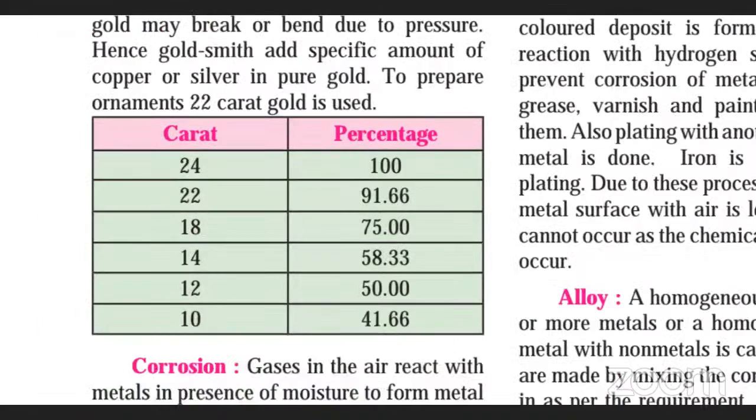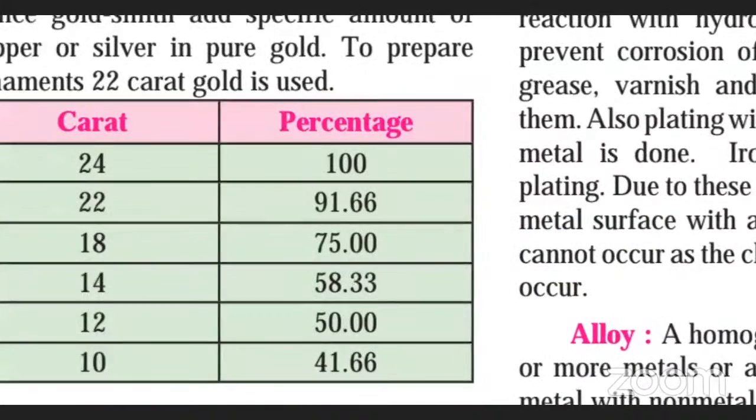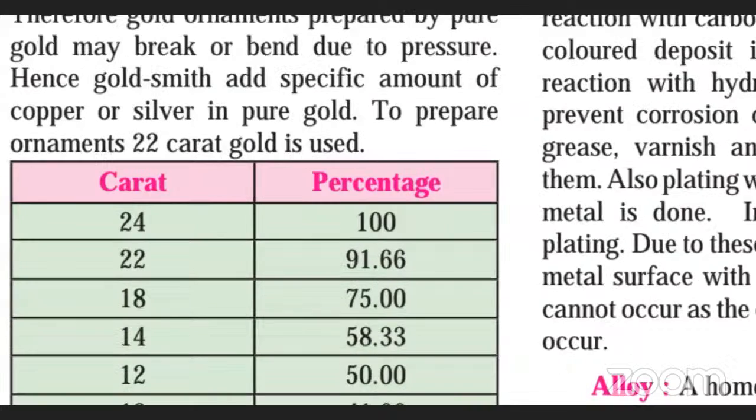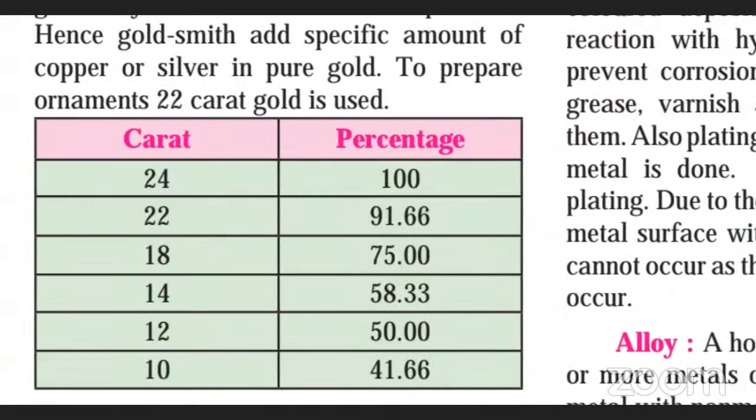So here some description is given that 24 karat gold means there is 100% gold in it without any impurity. Then talking about 22 karat gold, it means there is 91.66% gold, and the rest is impurity.